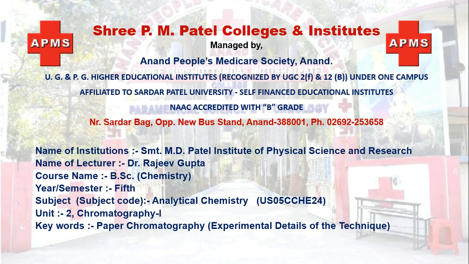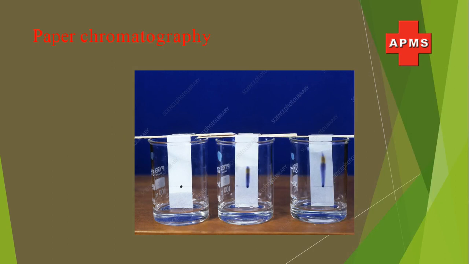In this lecture, I am going to talk on paper chromatography and its experimental details. So here a simple chromatography experiment is shown where a paper, a type of filter paper, is used and a dot of a sample is made over it.